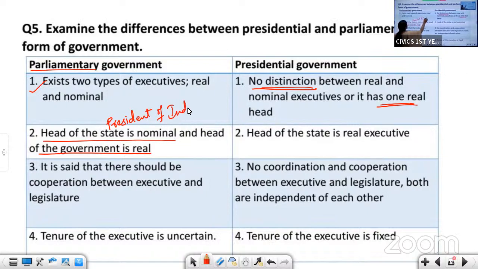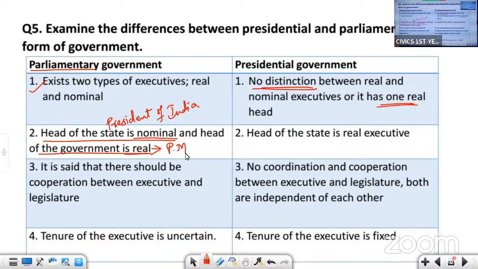India is the example for parliamentary form of government, right? So in India, we have nominal executive as well as real executive. Who is the nominal executive? President of India is the nominal executive. And who is the real executive? Prime Minister is the real executive.